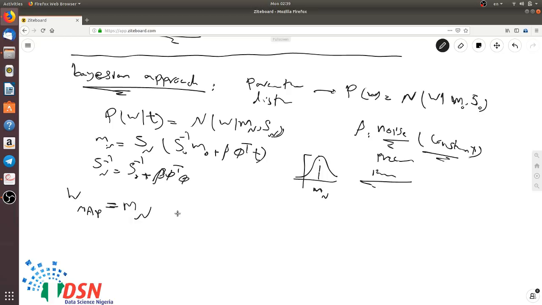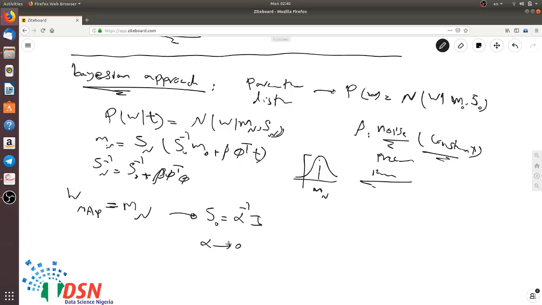So if we consider that S0, which is related to the variance of our prior about the weights, is something like this, it means that we have a very broad prior on the weights.